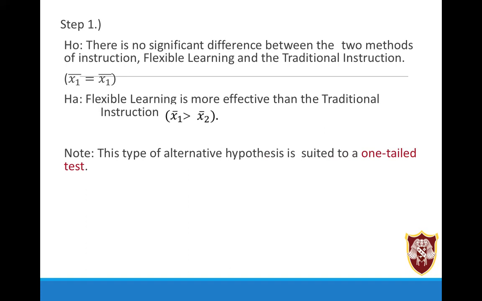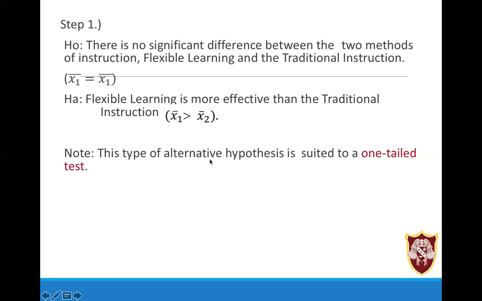So how do we determine whether the test is one-tailed or two-tailed? That depends on how you formulate your alternative hypothesis. Okay, so if you express the alternative in this way, let's say flexible learning and traditional instruction are significantly different, then that would give us a two-tailed test.